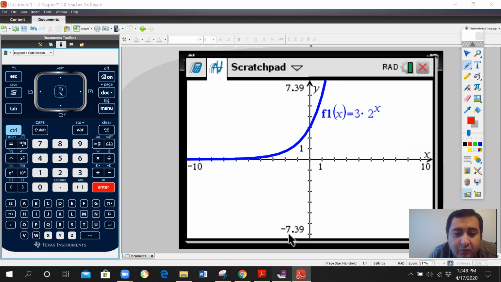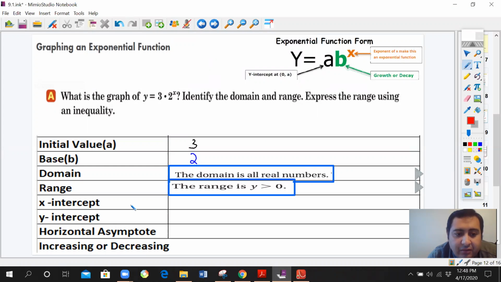No. So we don't have anything for the x-intercept. But as far as the y-intercept, if we look at the formula here, our a is always going to be our y-intercept, which is 3.